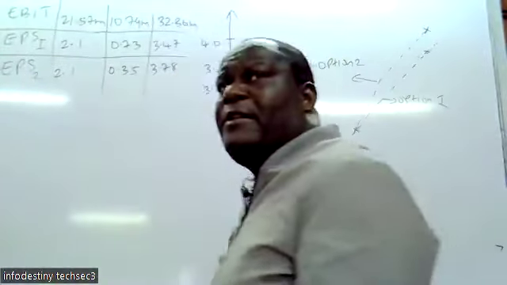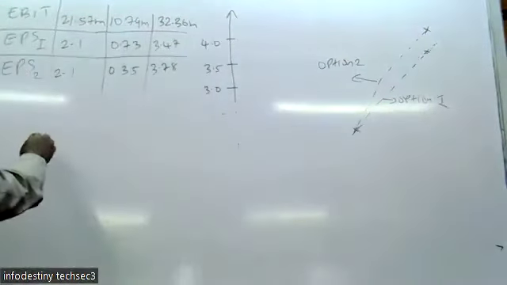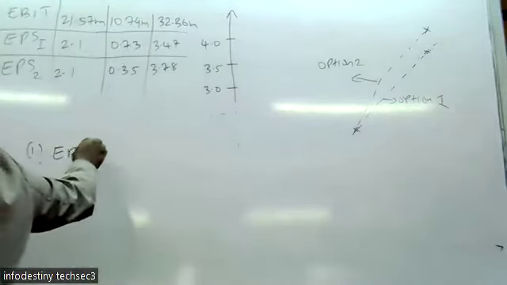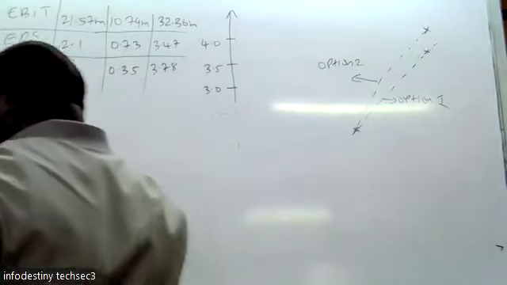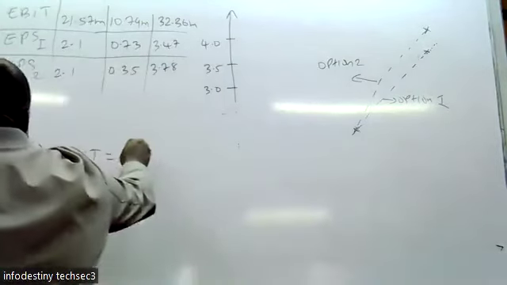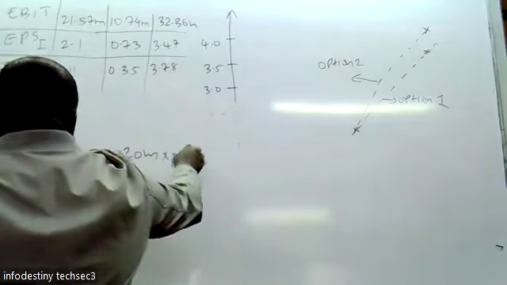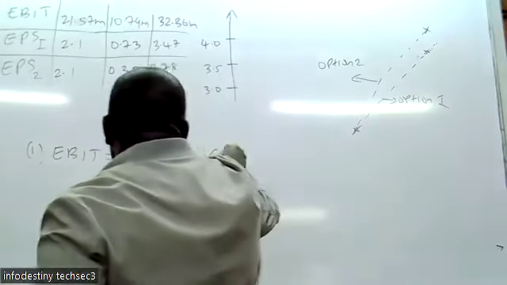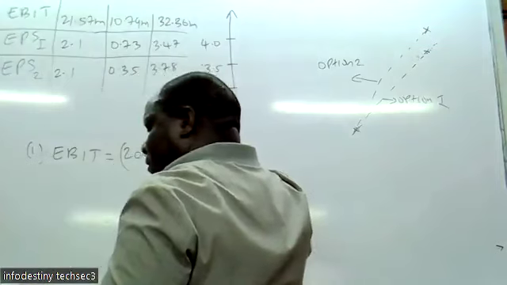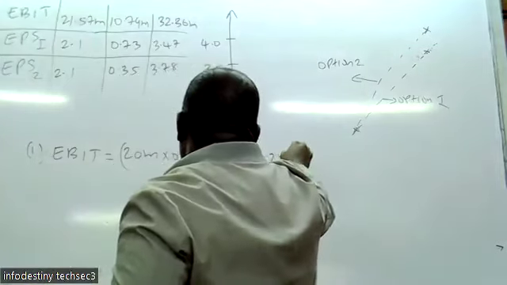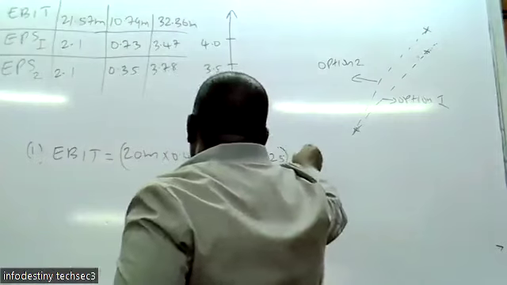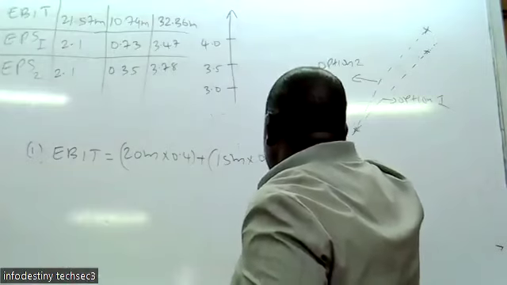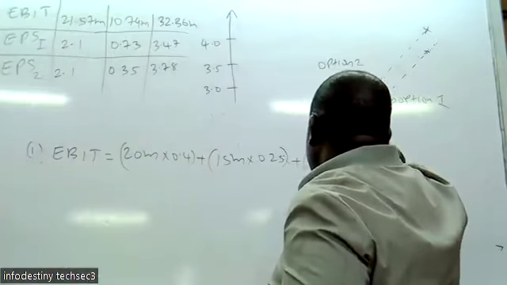So for Roman letter 1, as forecasted, we need the expected earnings before interest and tax. You simply take 20 million multiplied by its probability, 0.4. You also add the other one, 15 million, multiplied by its probability, 0.25. You also add the last one, 10 million, multiplied by 0.35.